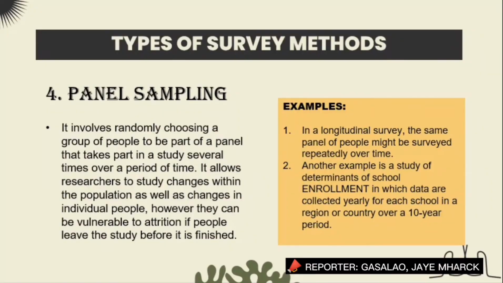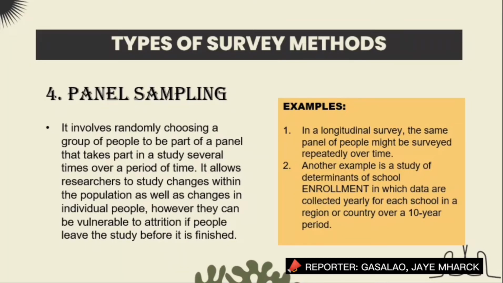Panel sampling. What is panel sampling? Panel sampling involves randomly choosing a group of people to be part of a panel that takes part in a study several times over a period of time. It allows researchers to study changes within the population as well as changes in individual people. However, they can be vulnerable to attrition if people leave the study before it is finished.